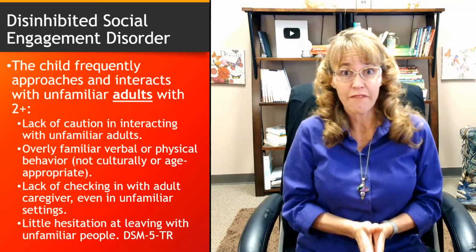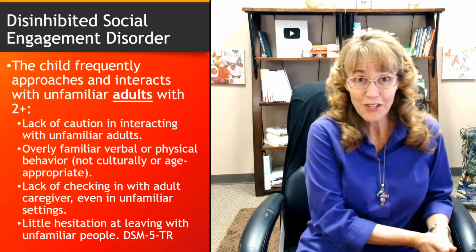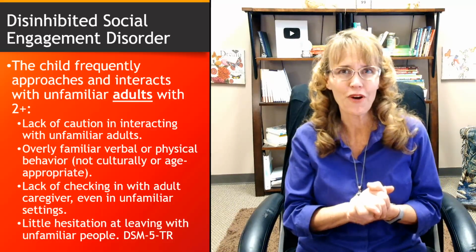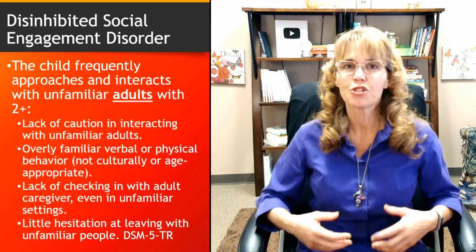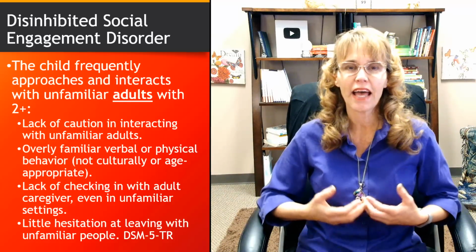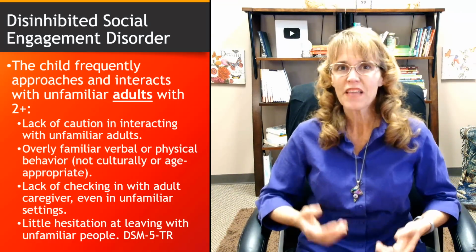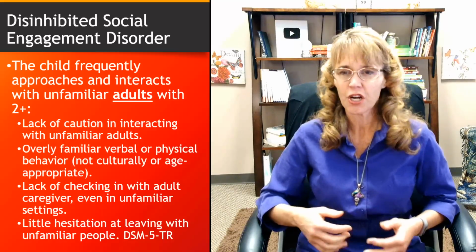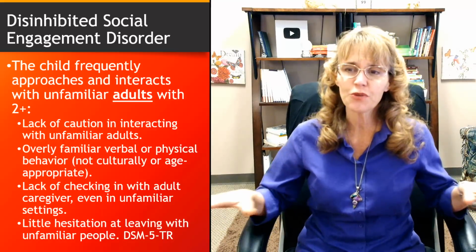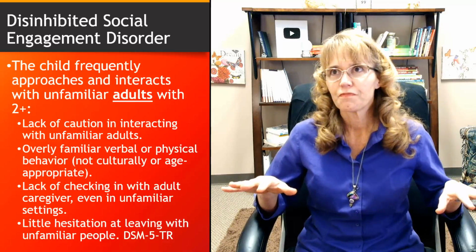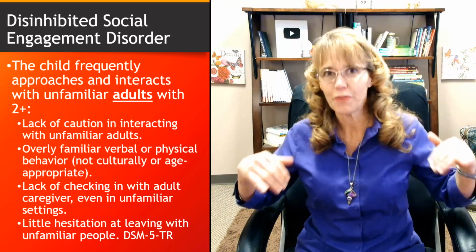Yes, Sean had never met this person in person before, but he had heard so much about her and he knew her name. So when she came in and we introduced them, he felt like they knew each other. So this, to him, was not an unfamiliar adult. So we do want to explore a little bit.